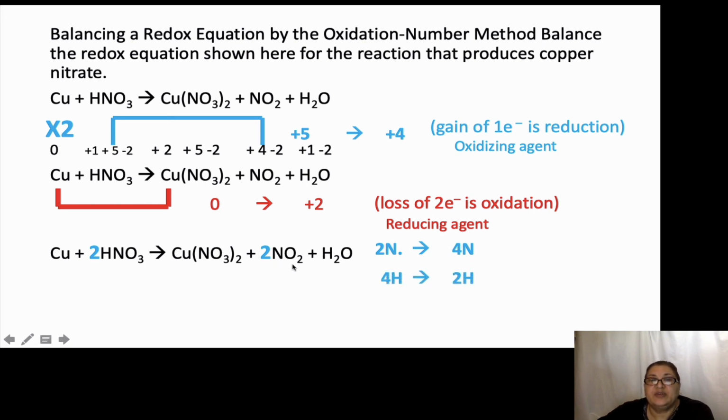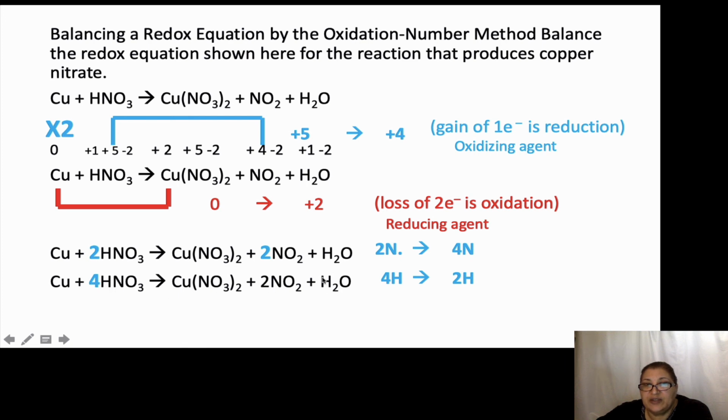So if 2 plus 2 is 4, then we multiply this one by 4. But when we multiply HNO3 by 4, hydrogen changes, so 4 hydrogens going into 2 hydrogens right here. So we multiply water by 2.